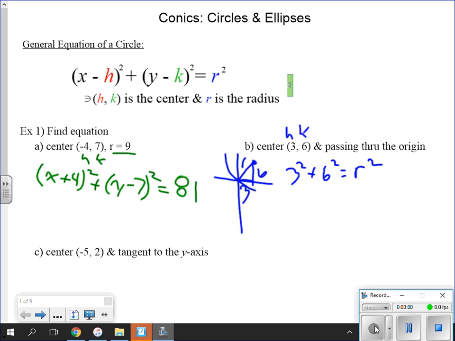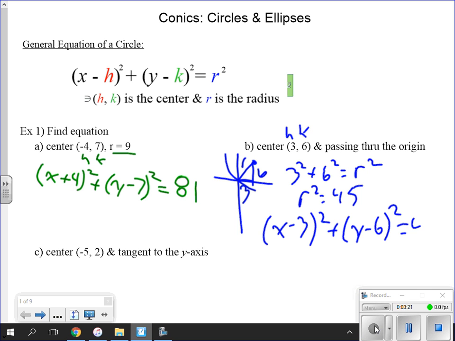Right? 3 squared is 9, 6 squared is 36. 9 plus 36 is 45, so r squared equals 45. I have everything I need for my equation. x minus 3 squared plus y minus 6 squared equals 45. Like I said, I don't have to find r to find the equation. I find r squared.